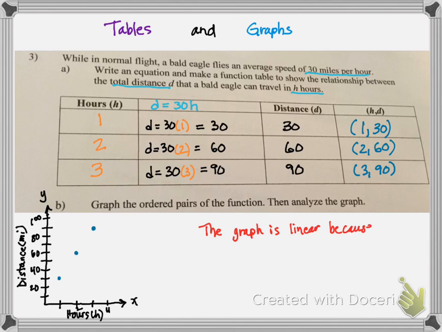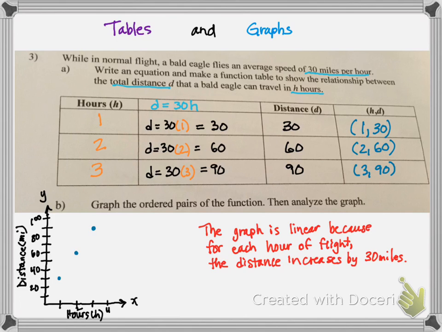Because for each hour of flight, the distance increases by 30 miles.